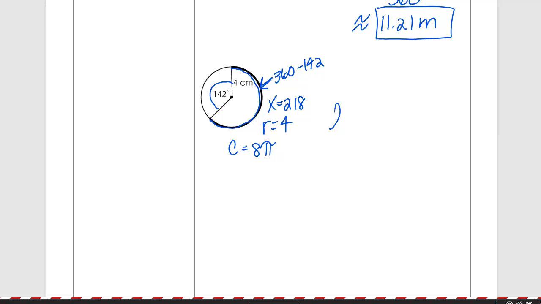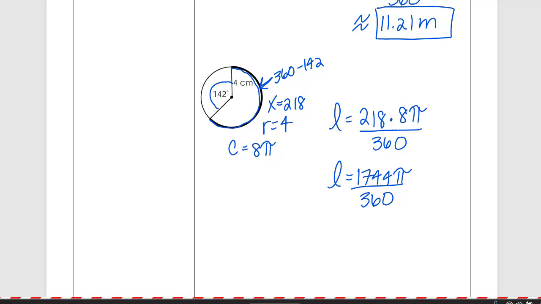Let's put in our formula. L equals 218 times 8 pi, all over 360. We multiplied 218 by 8, and we get 1,744 pi divided by 360. Into our calculator, we put that, and we get 15.22, and our unit of measurement is centimeters.